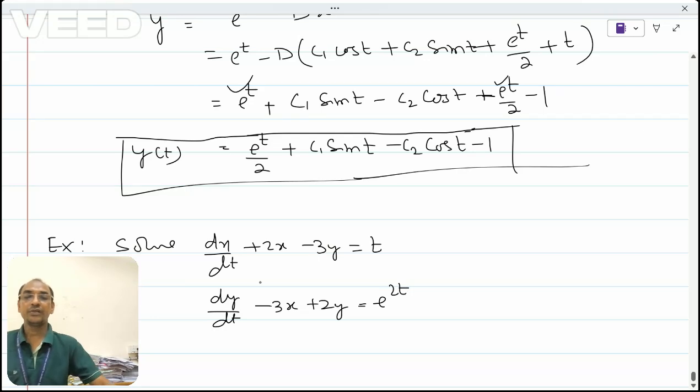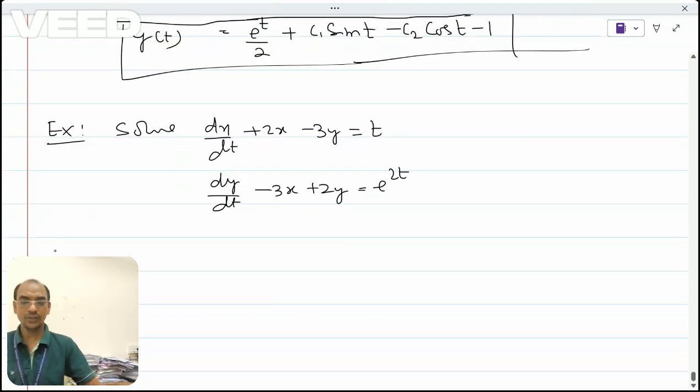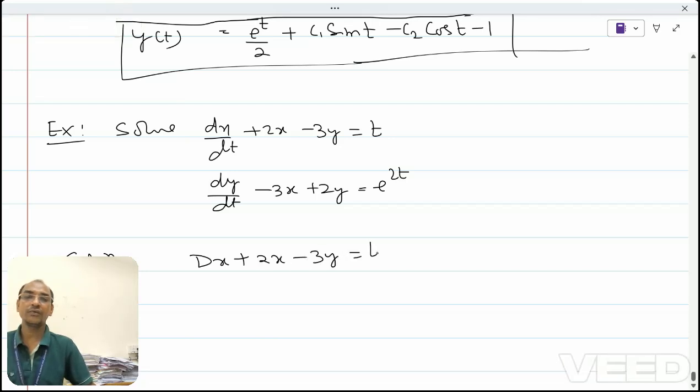Okay, so this simultaneous equation you can write in the form as like this: Dx plus 2x minus 3y equal to t, and Dy minus 3x plus 2y equal to e to the power 2t.